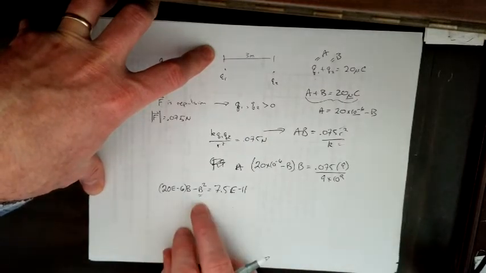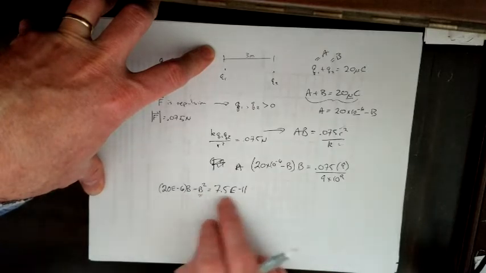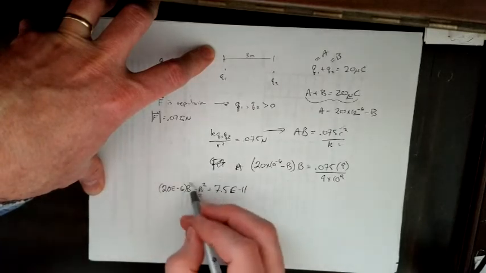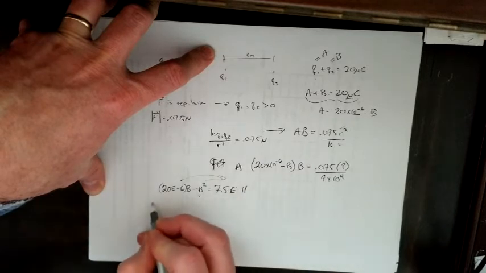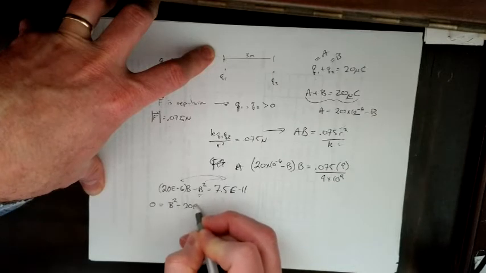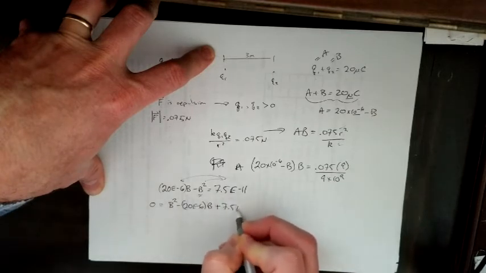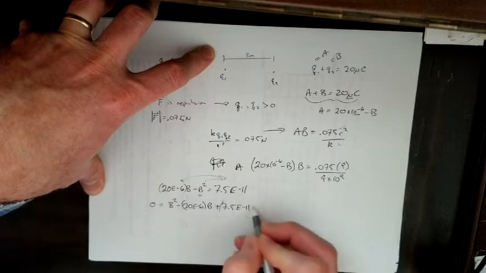So probably the easiest way to do it, if I cannot see how to factor it immediately, is to use the quadratic formula. So to do that, I need to set it equal to 0. So I'm going to move everything over to the right-hand side. So I have 0 is equal to b squared minus 20E negative 6 b plus 7.5E negative 11.